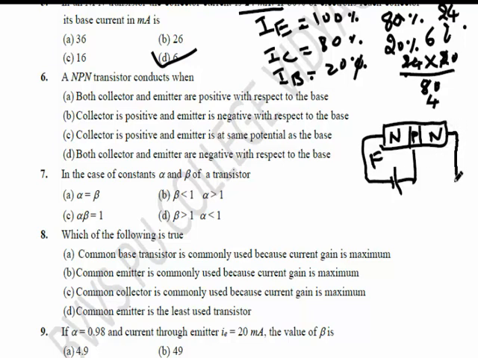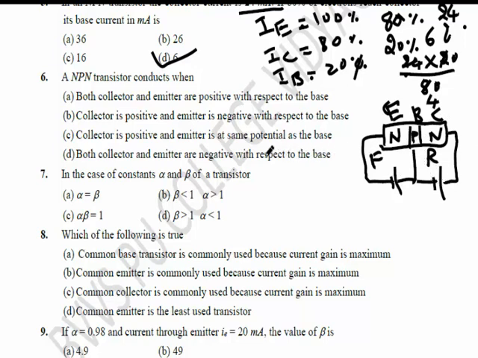This junction is reverse biased, so negative should be connected to positive. See, this is collector, this is emitter, this is base, this is collector. Emitter is connected to negative, collector is connected to positive.